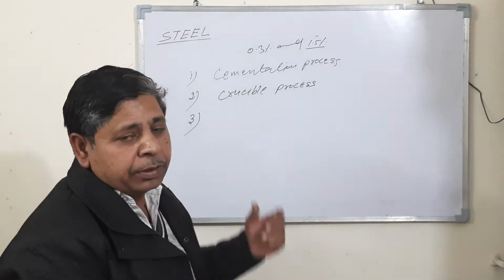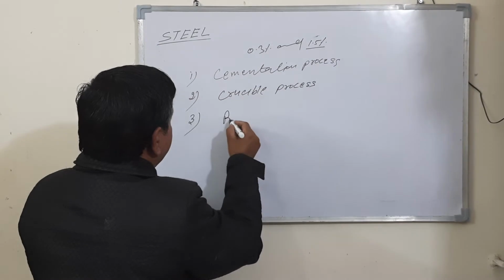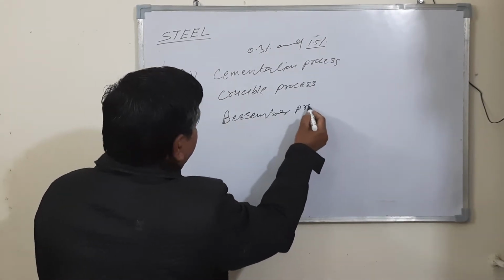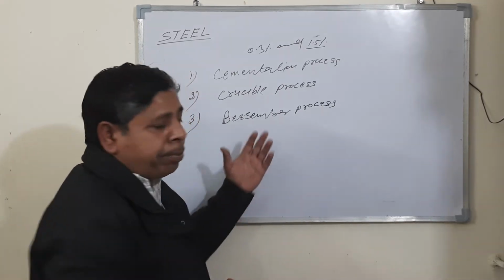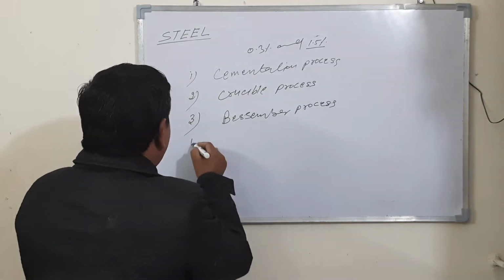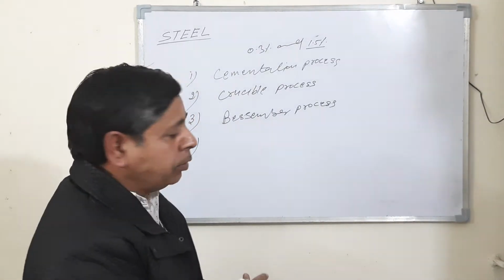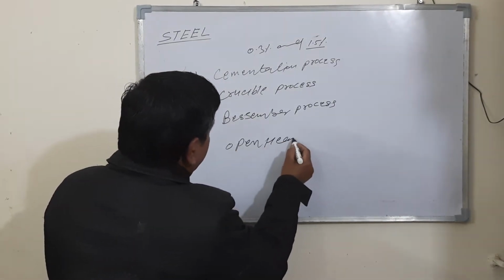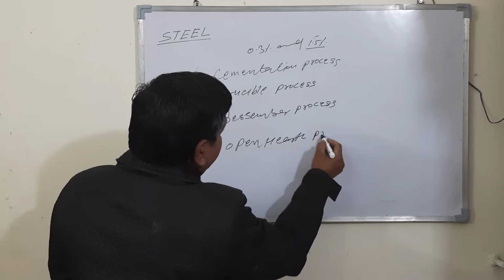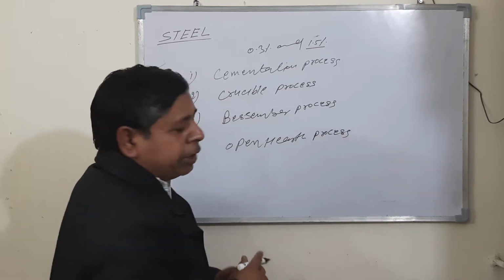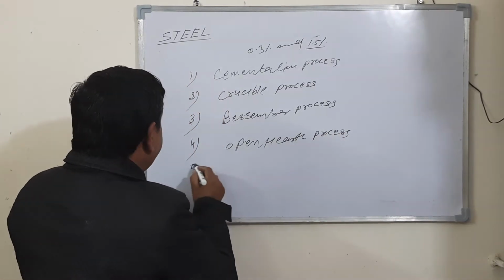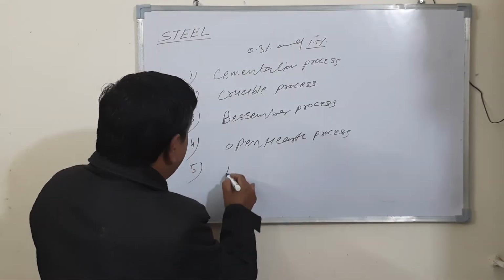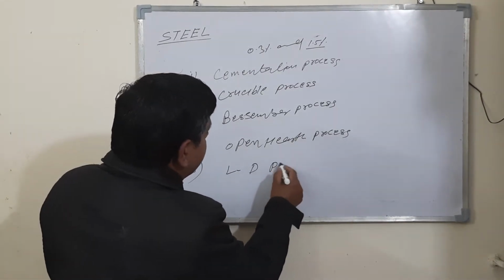Number three is the Bessemer process. Number four is the open hearth process. Number five is the LD process.